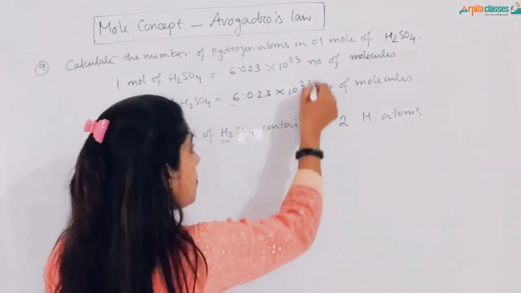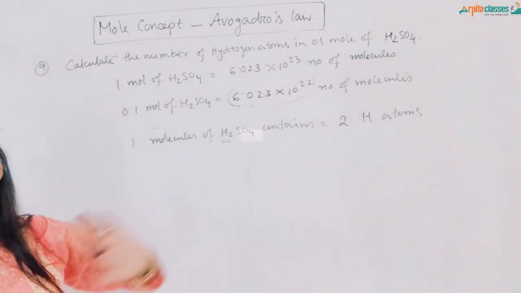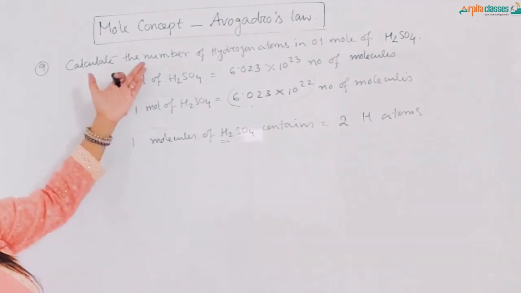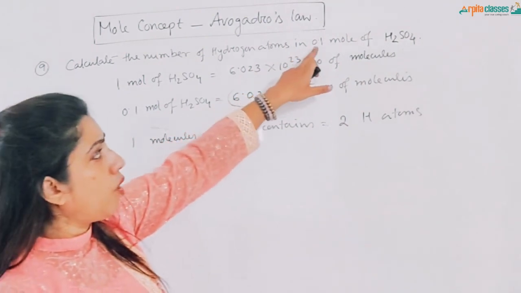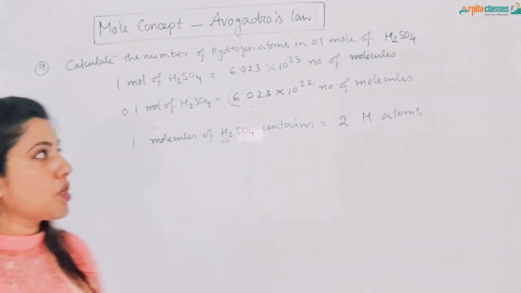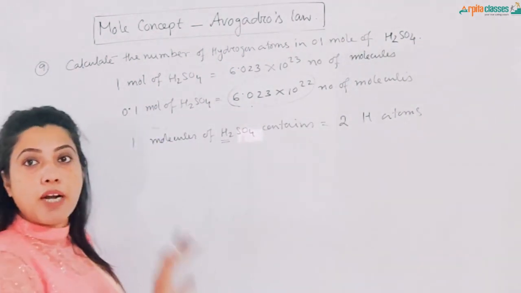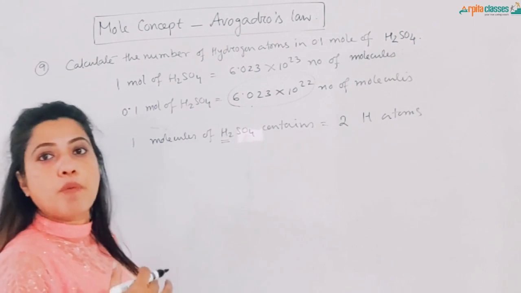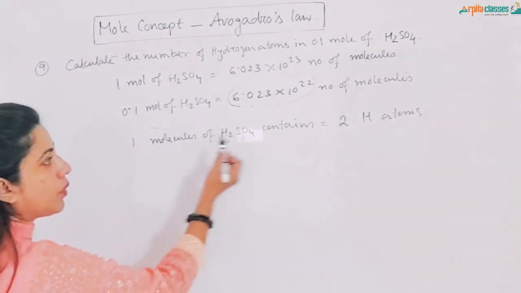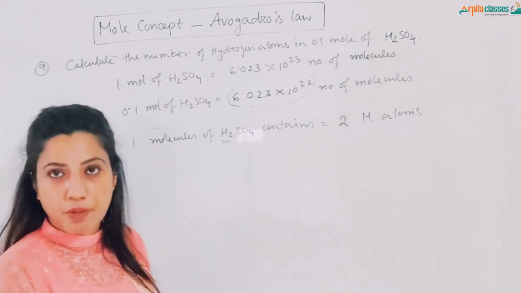Therefore, these many molecules which are present in 0.1 mole contain how many hydrogen atoms? So basically we first found out 0.1 mole of H2SO4 contains how many molecules of H2SO4. Now since one molecule contains 2 hydrogen atoms, so many molecules will contain how many hydrogen atoms.